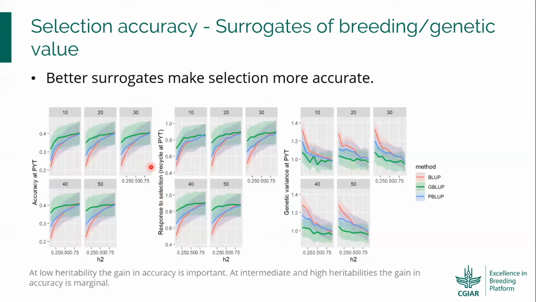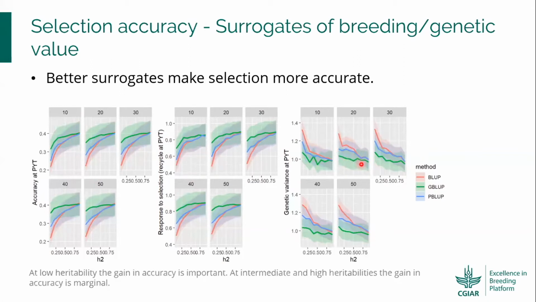And that, of course, gets reflected in the response to selection. So at the end of the day, the response to selection compared to accuracy ends up being kind of linear. But also something that is well known is that normally the use of GBLUP tends to decrease the genetic variance quicker, but please don't see this as something negative.